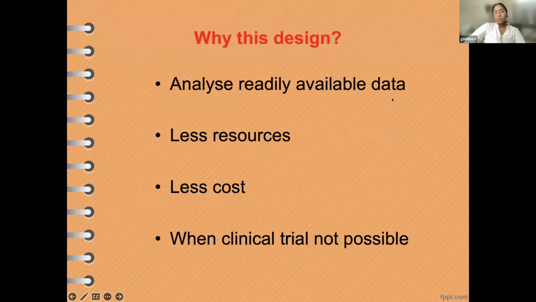And how easy it is for retrospective data, and why it is used, is that we already have the data available. If we want to analyze a particular outcome, that is exposure and outcome, and we already have the data readily available, the easy method would be retrospective. Whereas in a prospective study, we don't have the outcome.